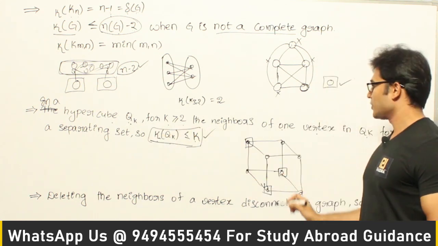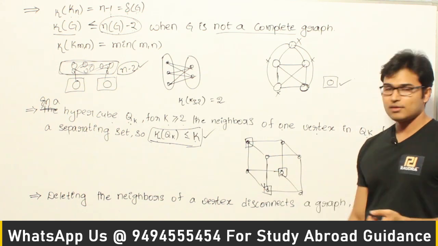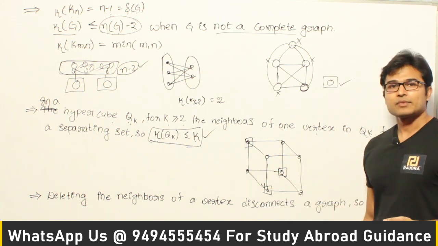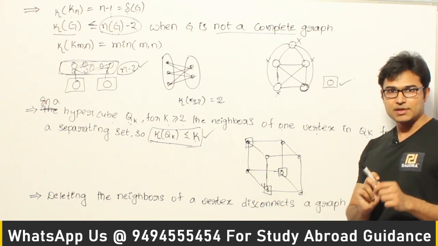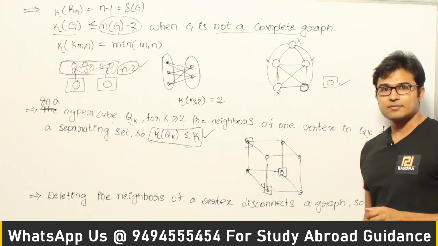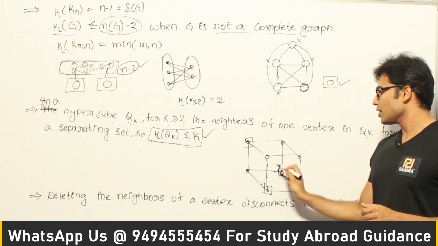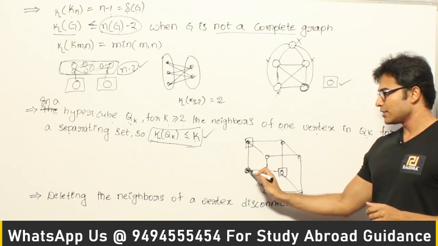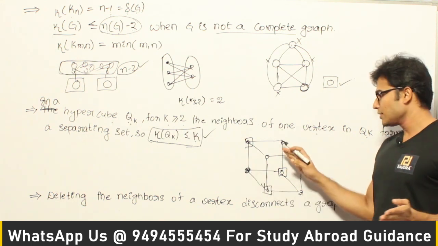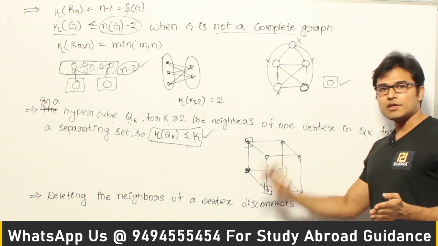Got it? So what I mean to say is, let us say this is a hypercube. Now in this hypercube, every vertex is adjacent to 3 other vertices. You take any vertex and remove all its neighbors. Then that particular vertex will be isolated and all the remaining vertices will be in some other component.